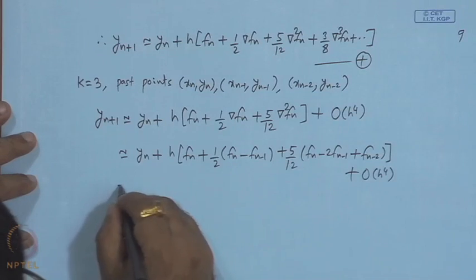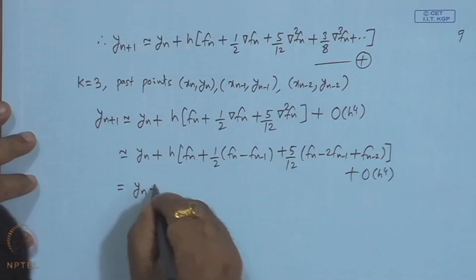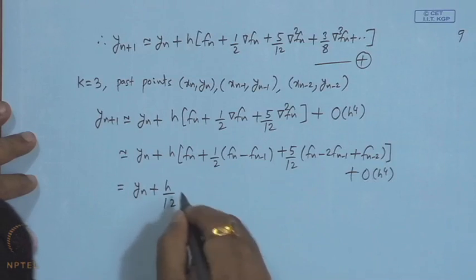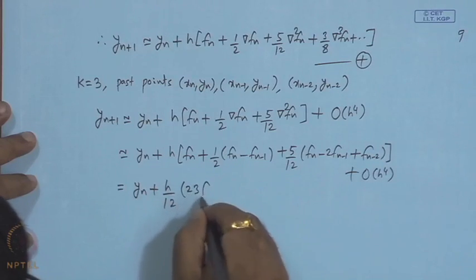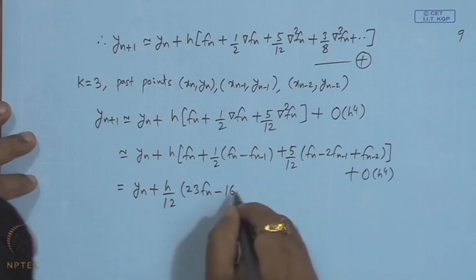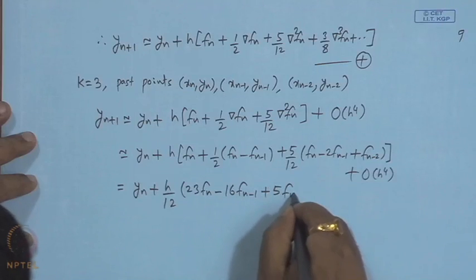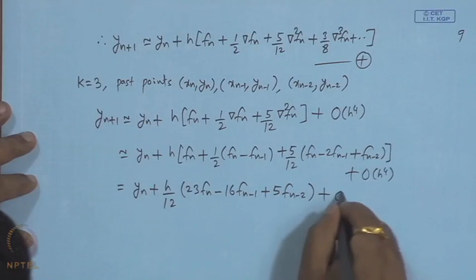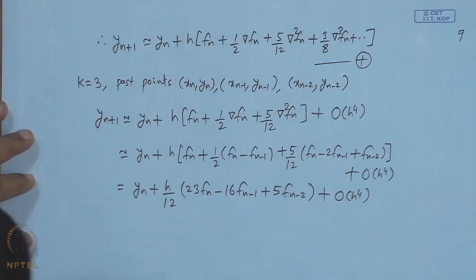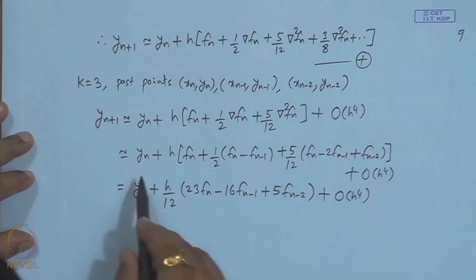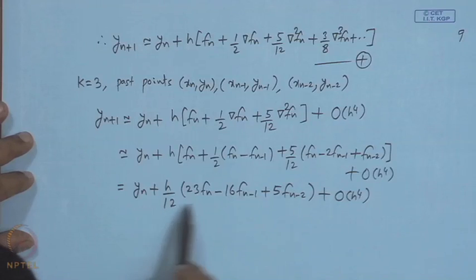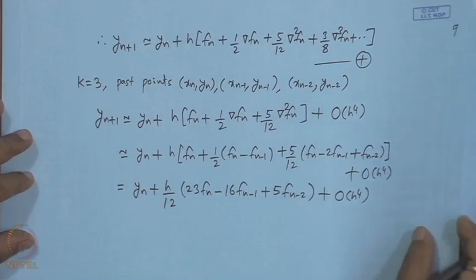So, this is plus okay, so we got the approximation, which is explicit and which is multi-step. Why multi-step? To compute y n plus 1 we need n minus 1, n minus 2. Okay. So, let us write down this explicitly.